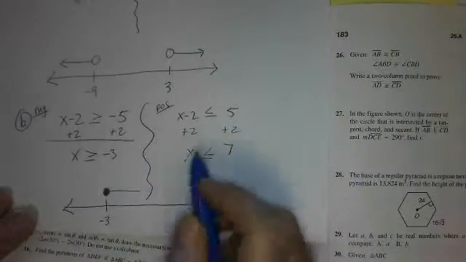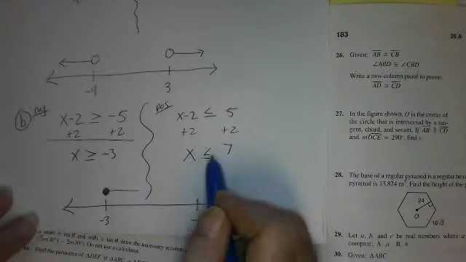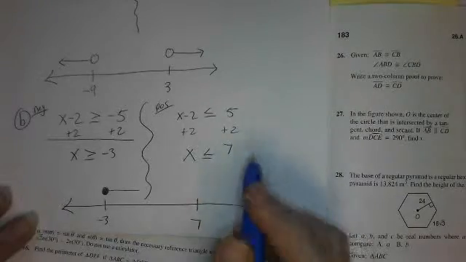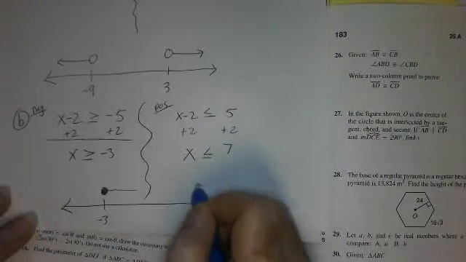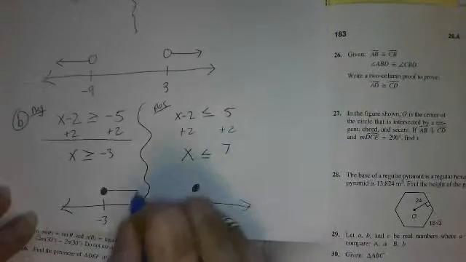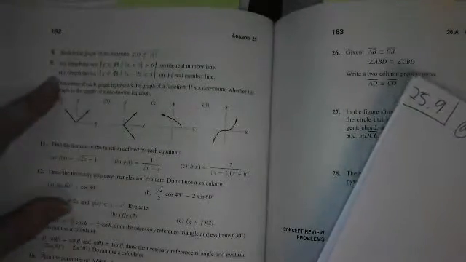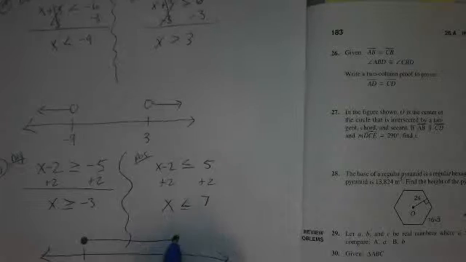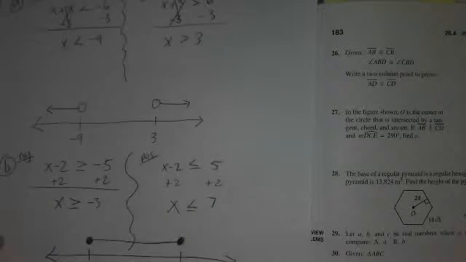And this one's going to be the numbers that are less than 7. Let me check what it says right here. There we go. It's going to point that way.